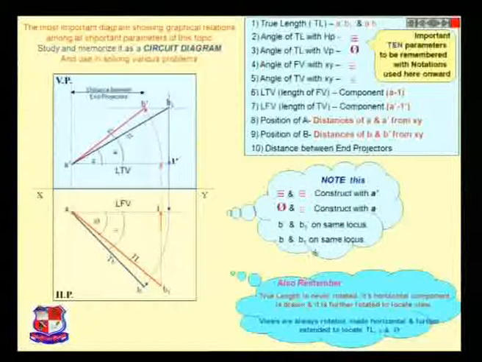Now, the true length never gets rotated; it is a horizontal component and it is further rotated to locate any sort of view. Only views would be rotated. Only from the views will we take the arc.